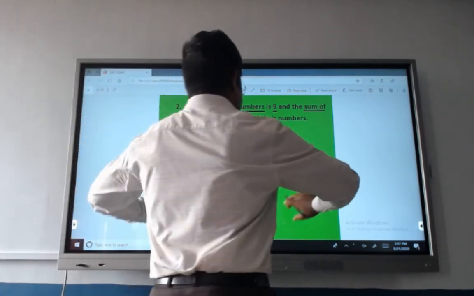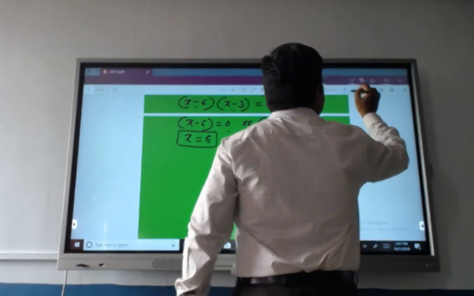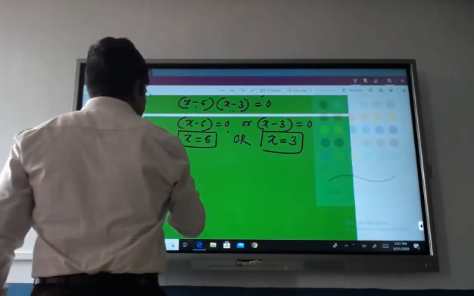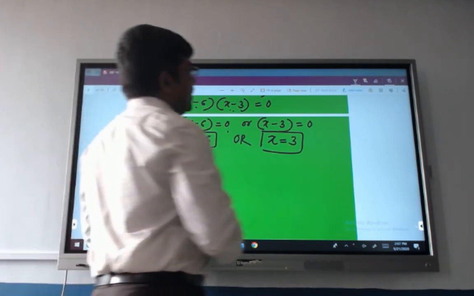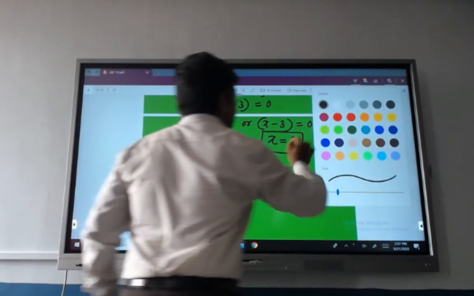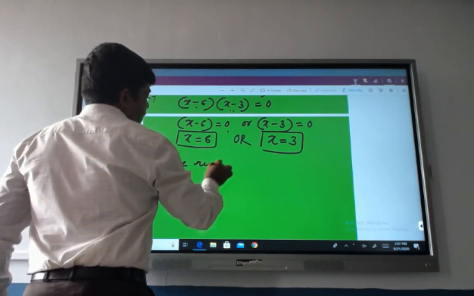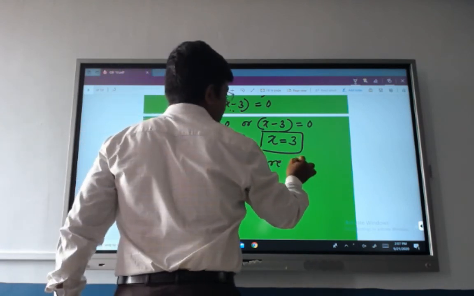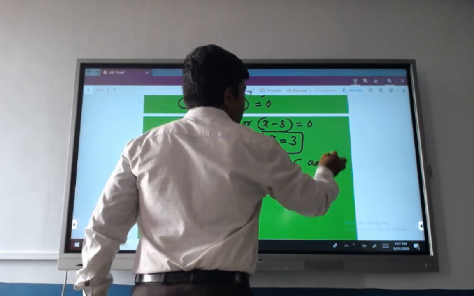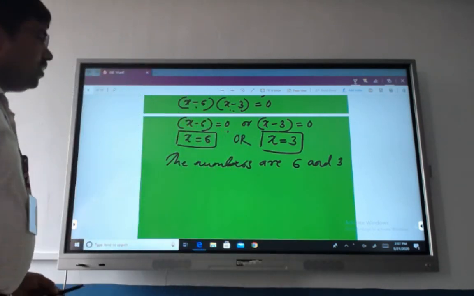Therefore at the end you can write: the numbers are 6 and 3. So this is our solution. We can solve like this.